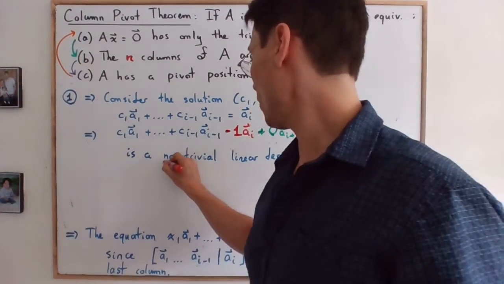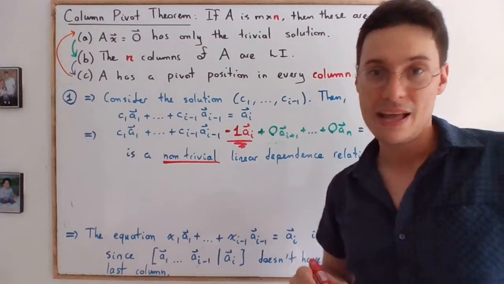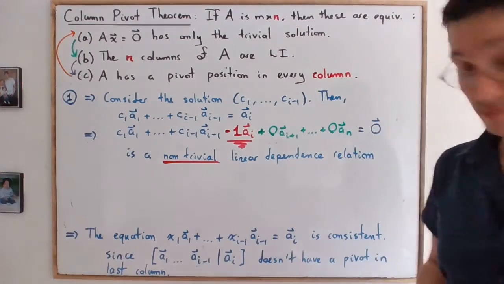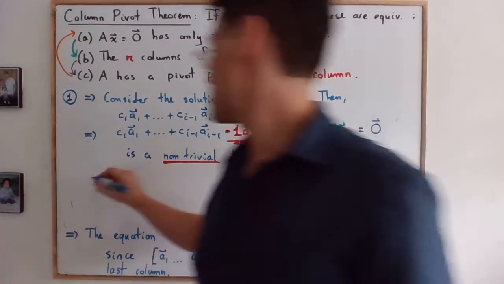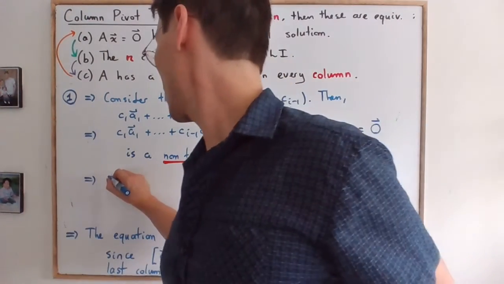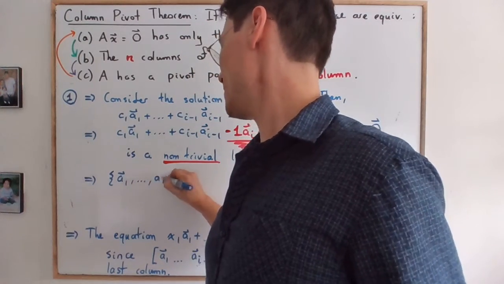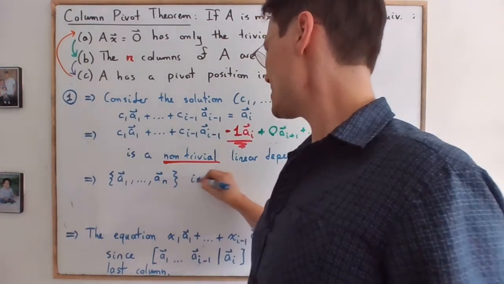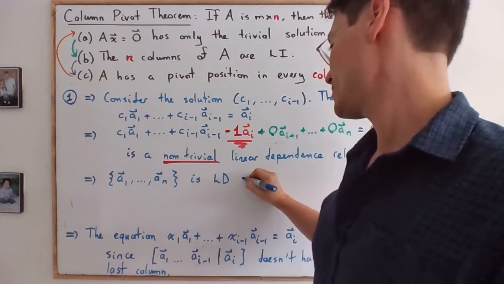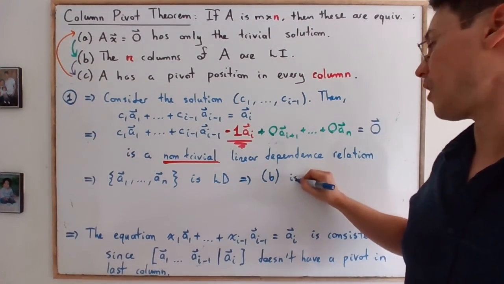Now the non-trivial comes from the fact that the weight of AI is not equal to 0. So it means that A1 to AN is linearly dependent, meaning that B is false.